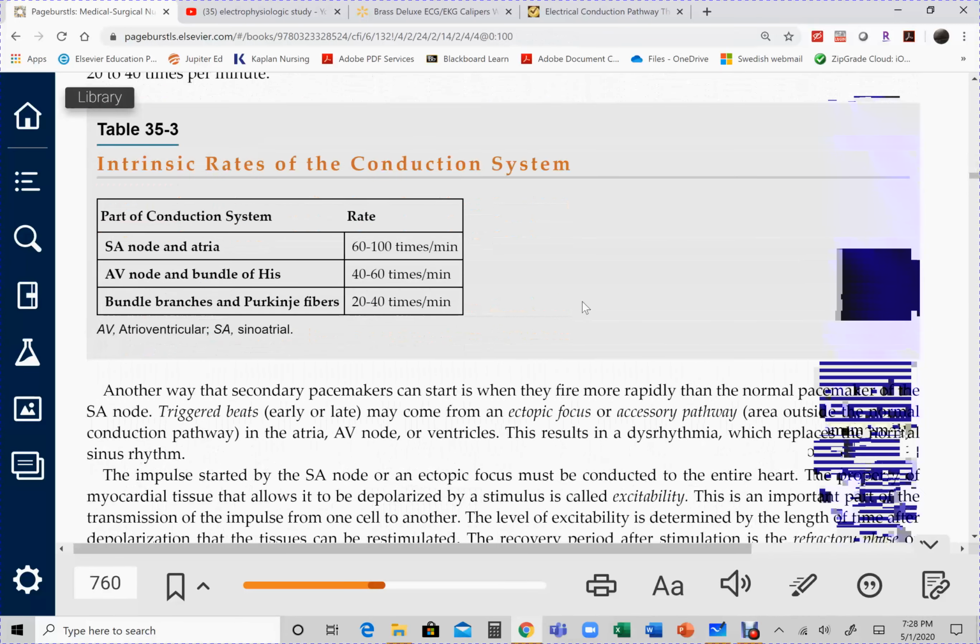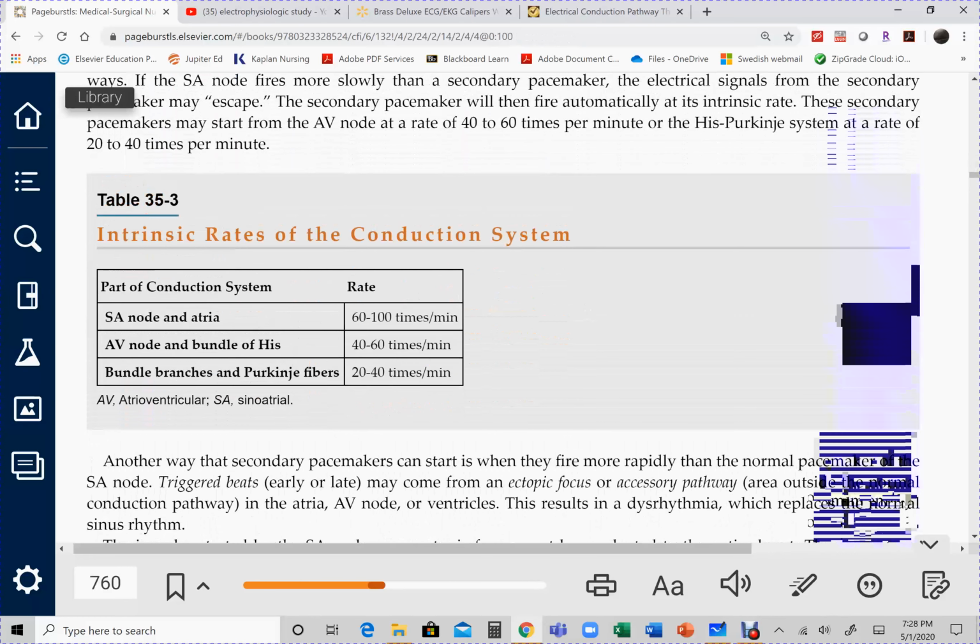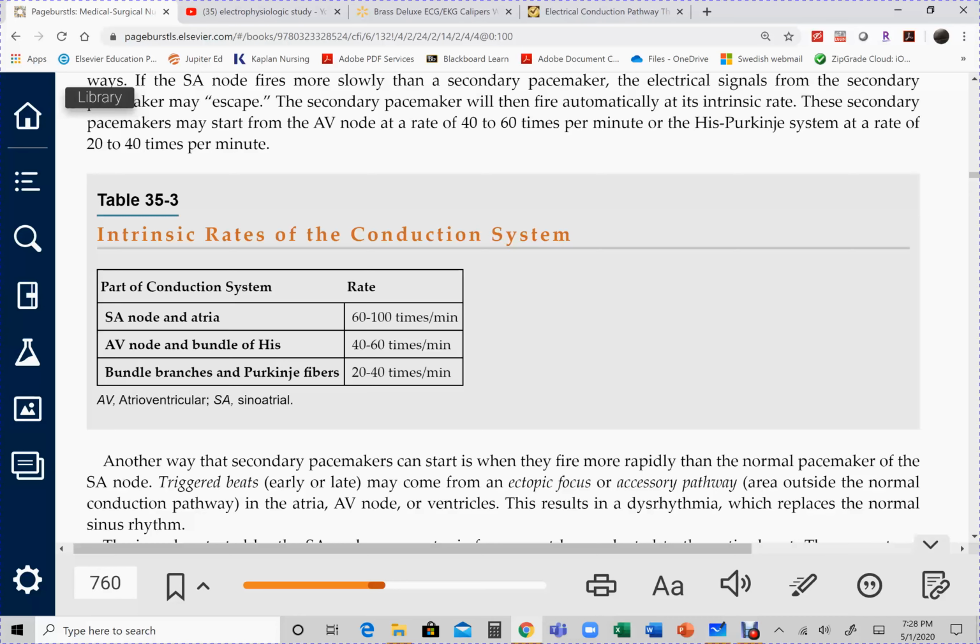All right. So I mentioned the intrinsic rates. I said the primary pacemaker is capable of generating 60 to 100. Therefore, if you have a heart block, the heart rate drops because the AV node is a secondary pacemaker, it will save the day.